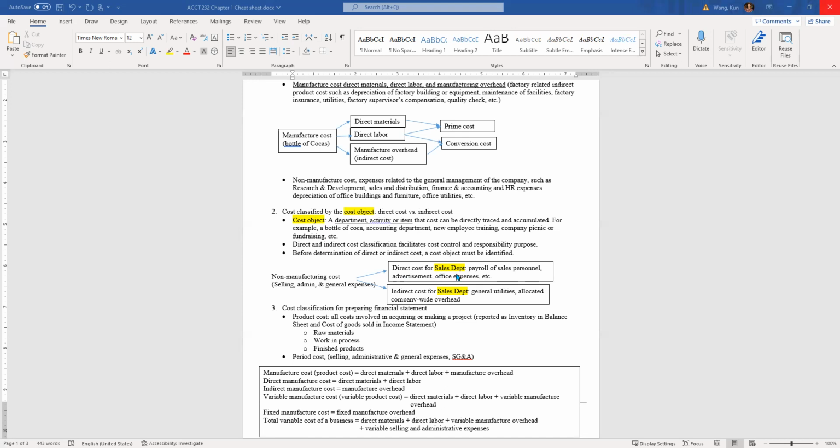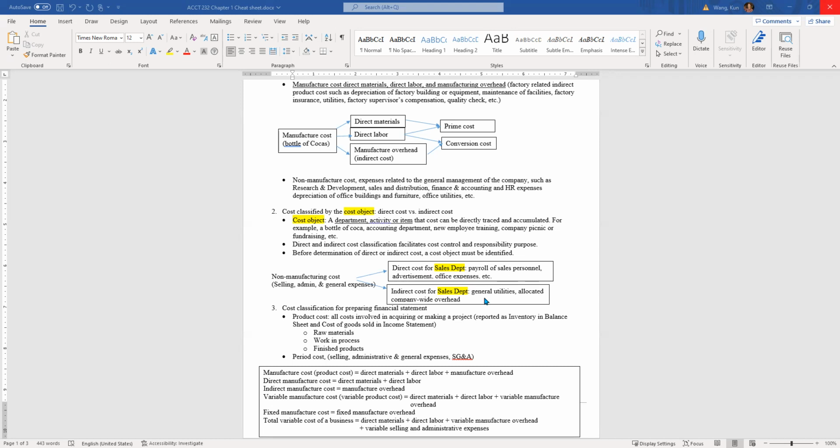You can easily think about the payrolls of all of the sales personnel, like office workers, salespersons, and the department managers, all of their payrolls and benefits. Then the advertisement is normally controlled and planned by the marketing department as well. And then they have their regular office expenses and other direct cost.